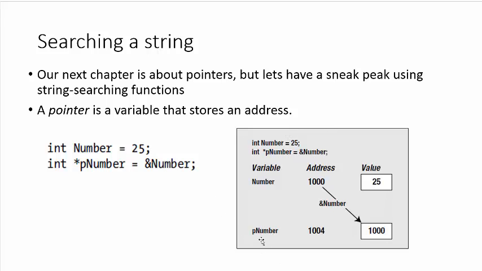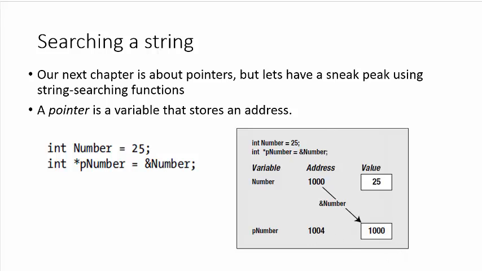The variable called p number, so it's a pointer number, is stored at a different location in memory, but the value that's stored is not 25, but the address of where number is stored. So that's why it's called a pointer. So this address says what address number is stored at. So it holds an address right here.